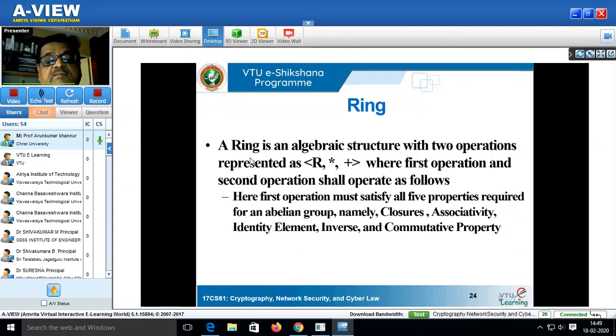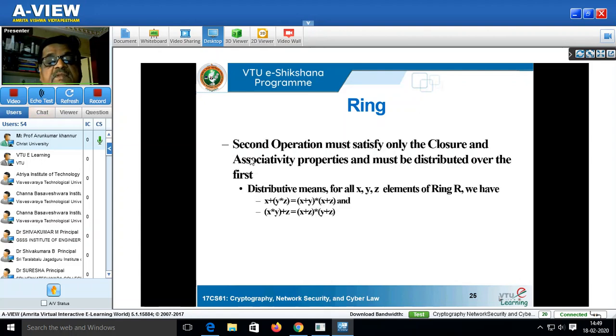First operation must satisfy all five properties required for an abelian group, namely closure, associativity, identity element, inverse and commutative property, which we had seen in discussing group. Along with this, second operation plus must satisfy only the closure and associative properties and must be distributive over the first.